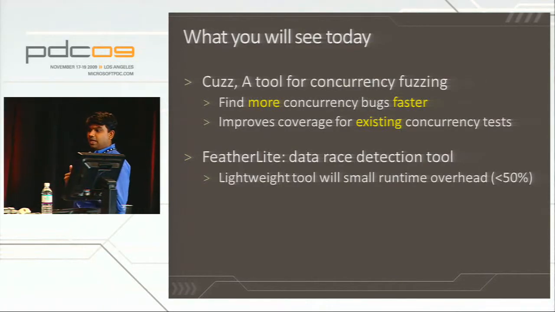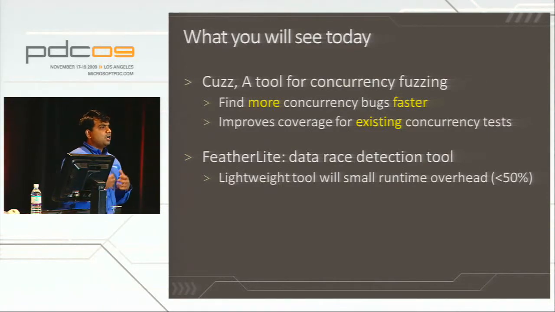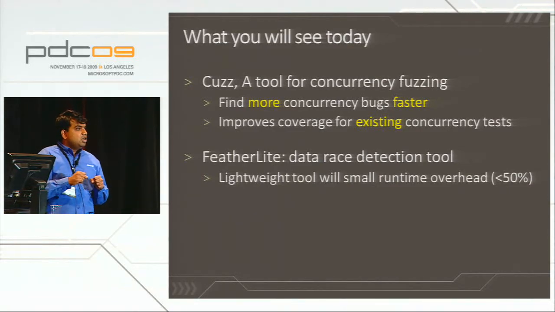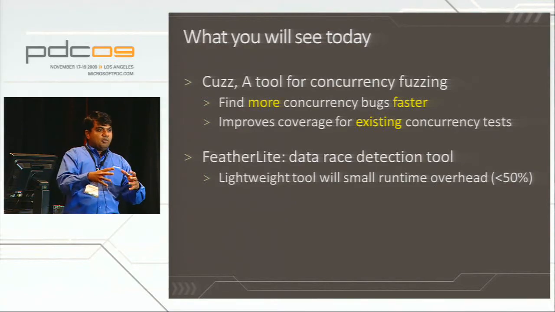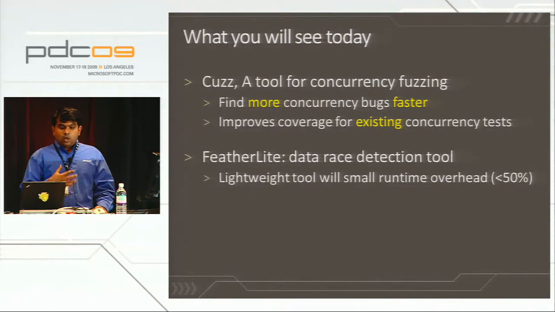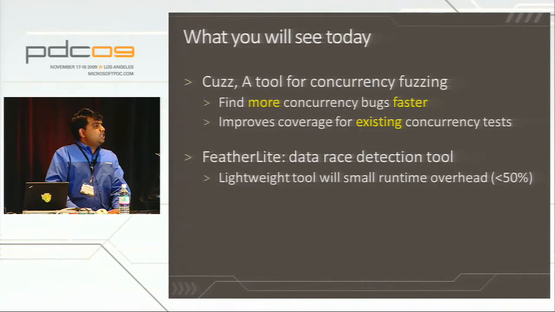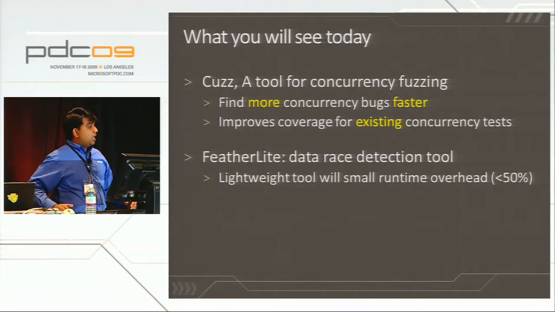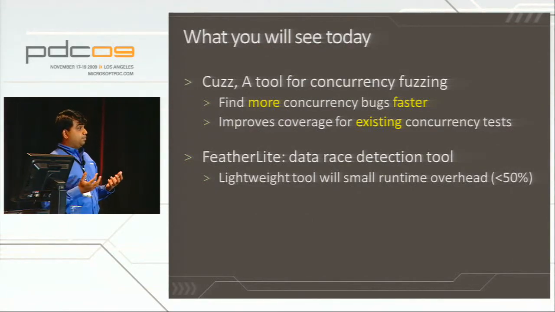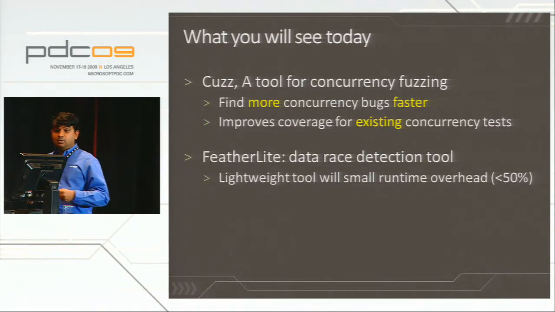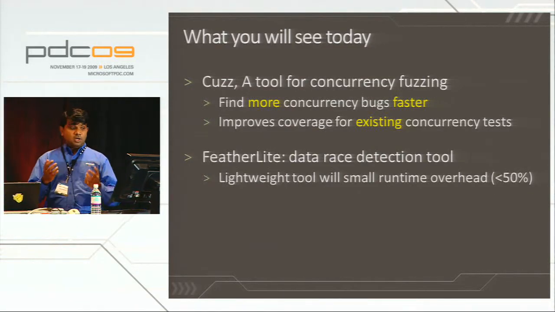This is something that current stress testing methodologies already do: you add a lot of random sleeps, you throw a lot of noise in while you're testing. But what I'll show you is that Cuzz is a more disciplined way of doing it. It works really like a push button tool. You can just attach it to your existing tests, and you get more coverage automatically.